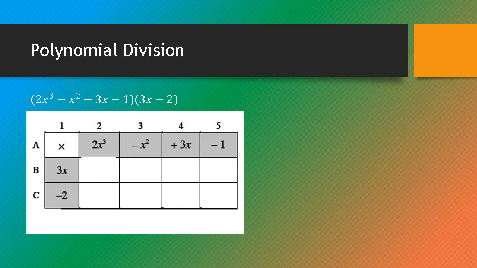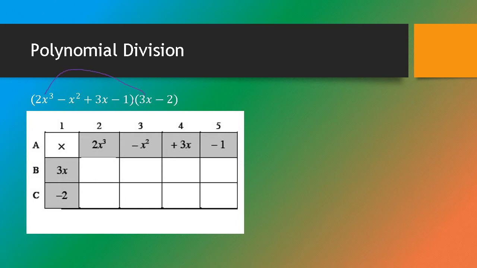In this problem we have 2x cubed minus x squared plus 3x minus 1, so this cubic multiplied by this linear factor 3x minus 2, and it is possible to multiply using the rainbow method.